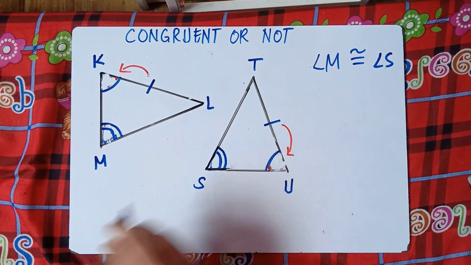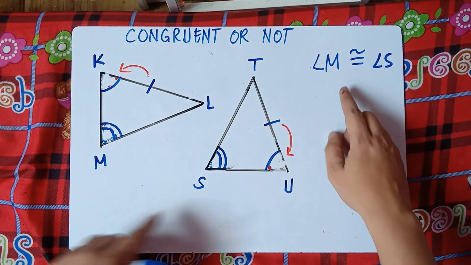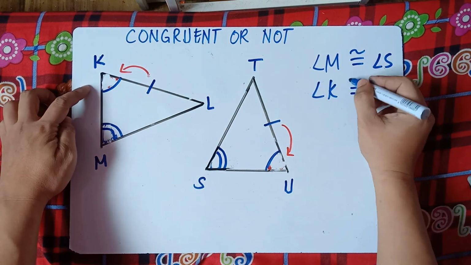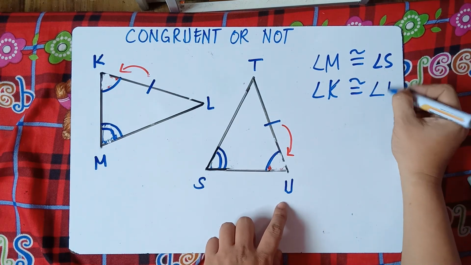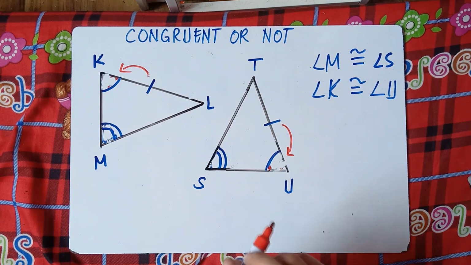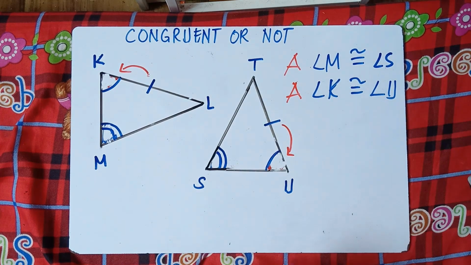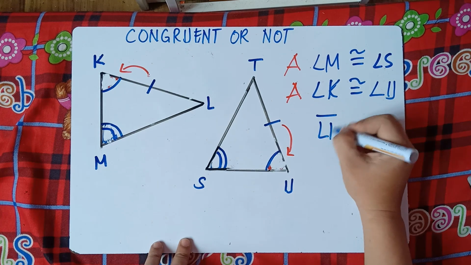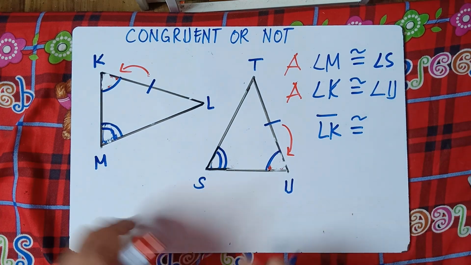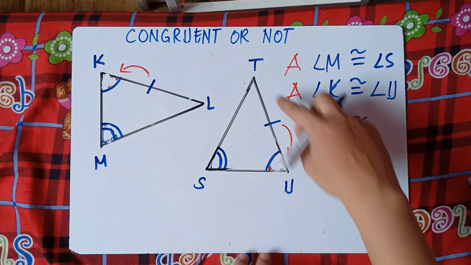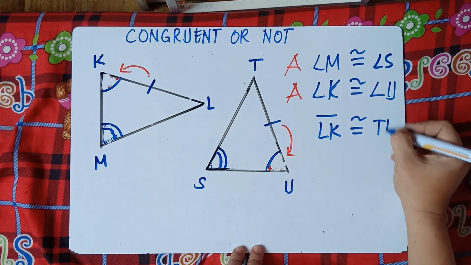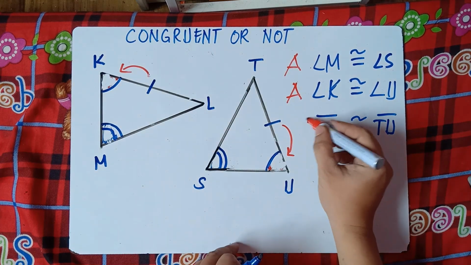So angle M is congruent to angle S. Another angle, angle K, is congruent to angle U. So we have two angles now. And last one, side. If you read it LK, side LK is congruent to, the other side should be TU, going to the first marking. Side TU. So we have angle, side.